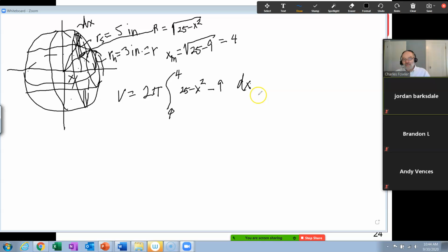Well, we can clean that up just a little bit. That would be 2 pi times the integral from 0 to 4 of 25 minus 9 is 16, we've already determined that, minus x squared dx.